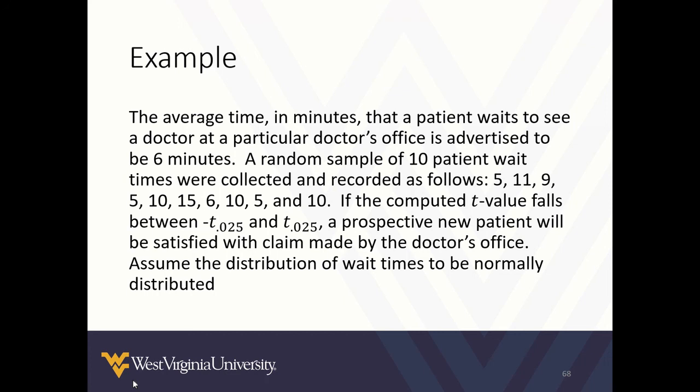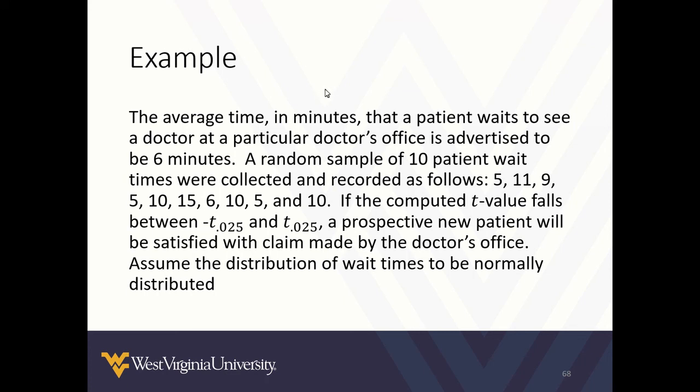If the computed t-value falls between negative t of 0.025 and t of 0.025, which is just saying that middle 95% of our distribution, a prospective new patient will be satisfied with the claim by the doctor's office. And we want to assume that the distribution of wait times is normally distributed.